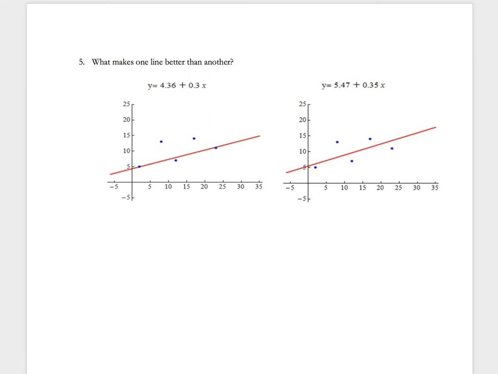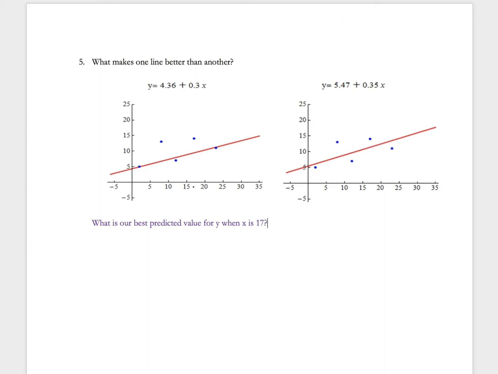Our goal with coming up with this equation, and why we do this analysis to begin with, is to make predictions of one variable using the other. So for instance, we might wonder, what is our best prediction of y when x is 17? Let's take a look at how answering that question goes along with these 2 graphics.